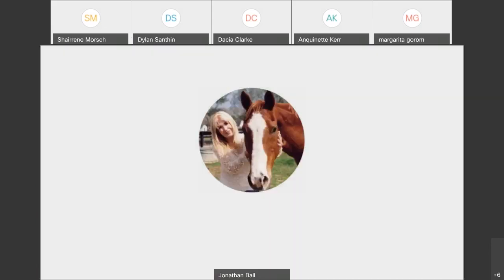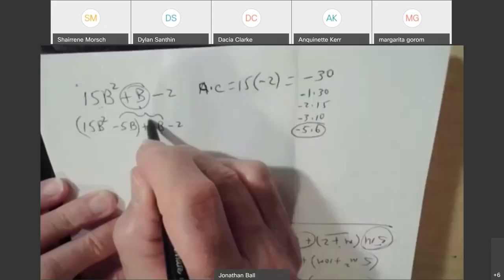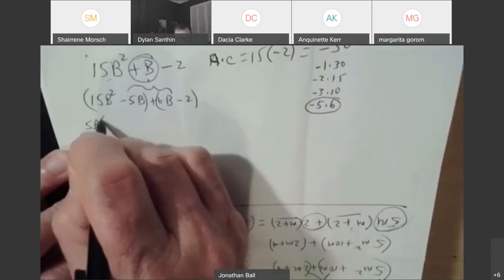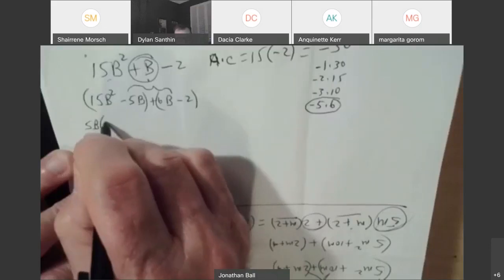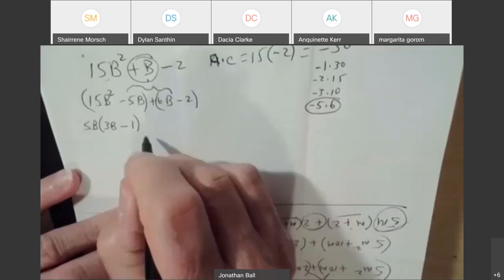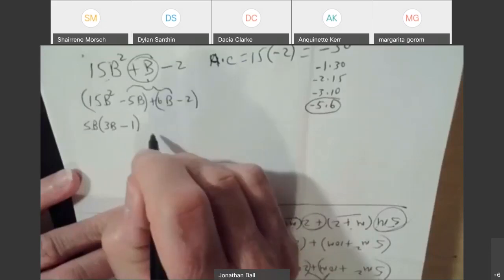And again, this is nothing more than this split up into these two. So we're going to take these two and these two. And what can we factor out of this first group? 5b, 3b minus 1. And what can we factor out of here? 2. 3b minus 1.